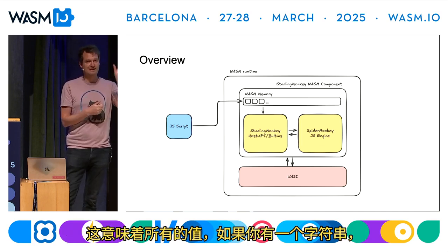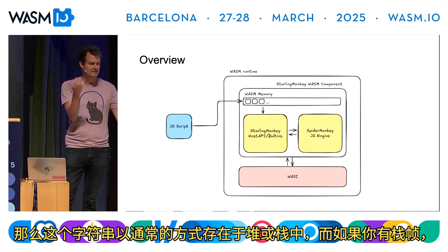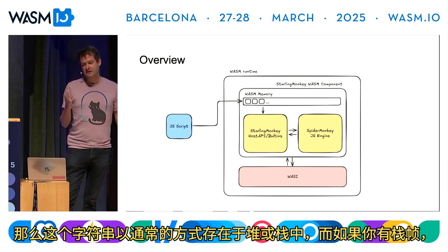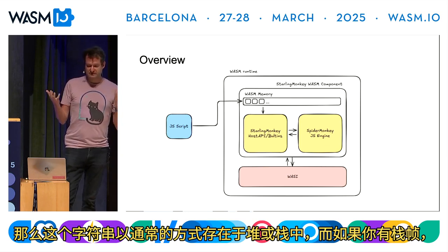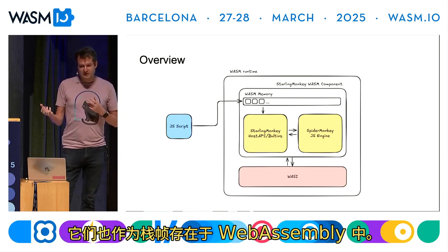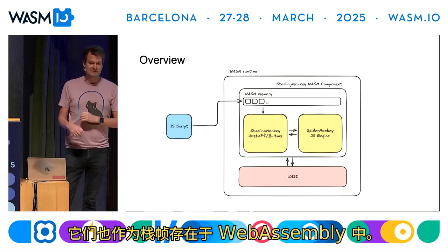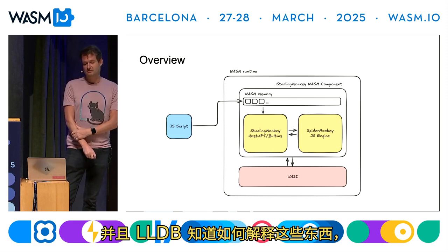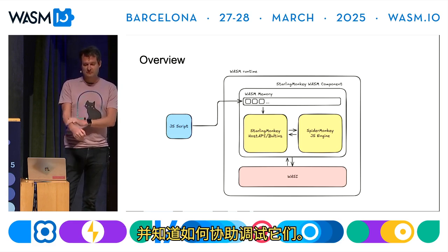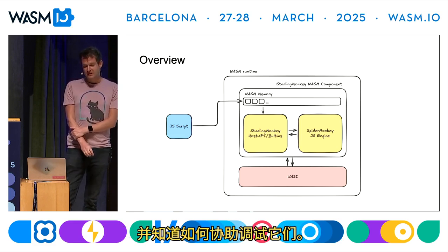And that means all the values, if you have a string, then it's a string that exists in the usual way on the heap or the stack. And if you have stack frames, they exist as stack frames in WebAssembly. And LLDB knows how to interpret those things and knows how to facilitate debugging them.